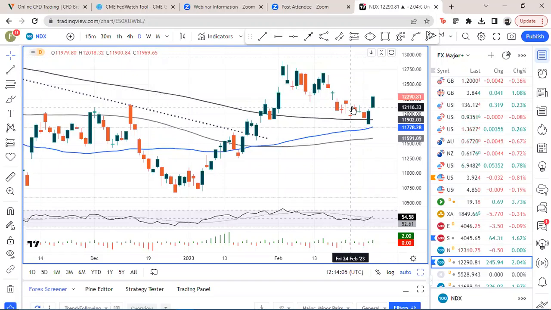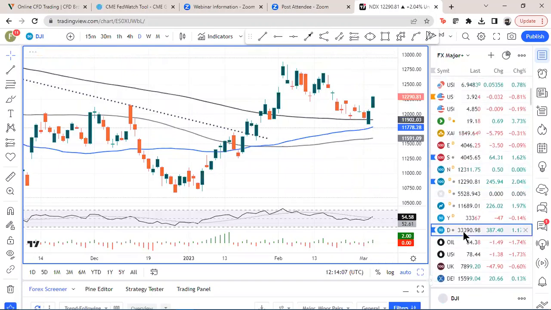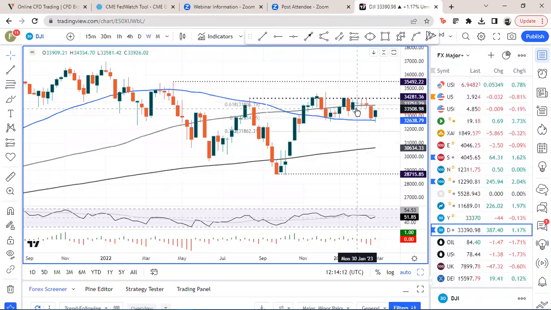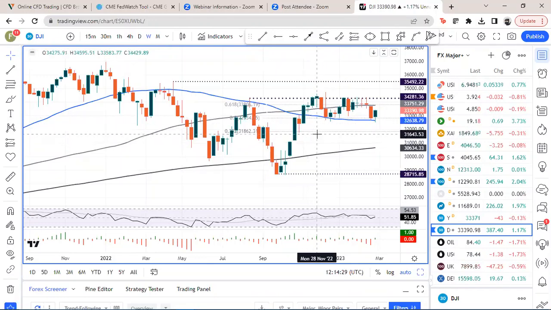Just want to point out then, what else? The Dow very quickly on the weekly. You can see that breakdown from the tight ranges that we saw, sharp break as we thought, but we found support actually at the 50-week moving average. Also, the halfway point of the 2022 rally, that comes in around 32,834.